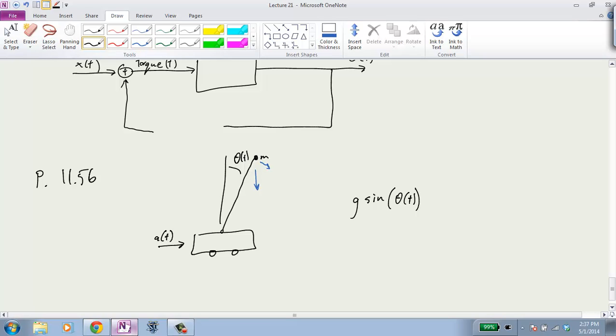And you have something like this, the acceleration that you apply, which has a cosine of theta of t multiplied by it. And this equals the length times the angular acceleration of theta. Okay, so let's start from here and see what we can do.